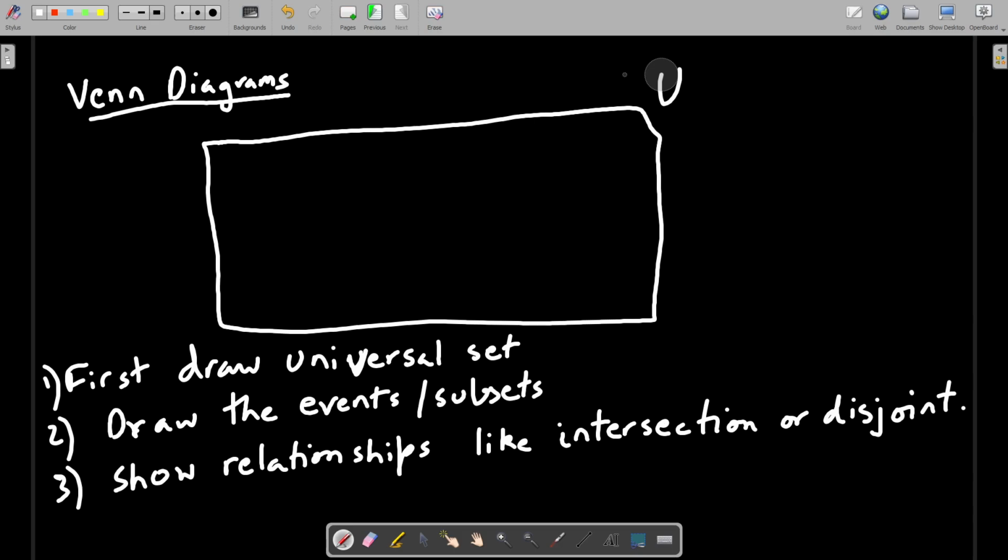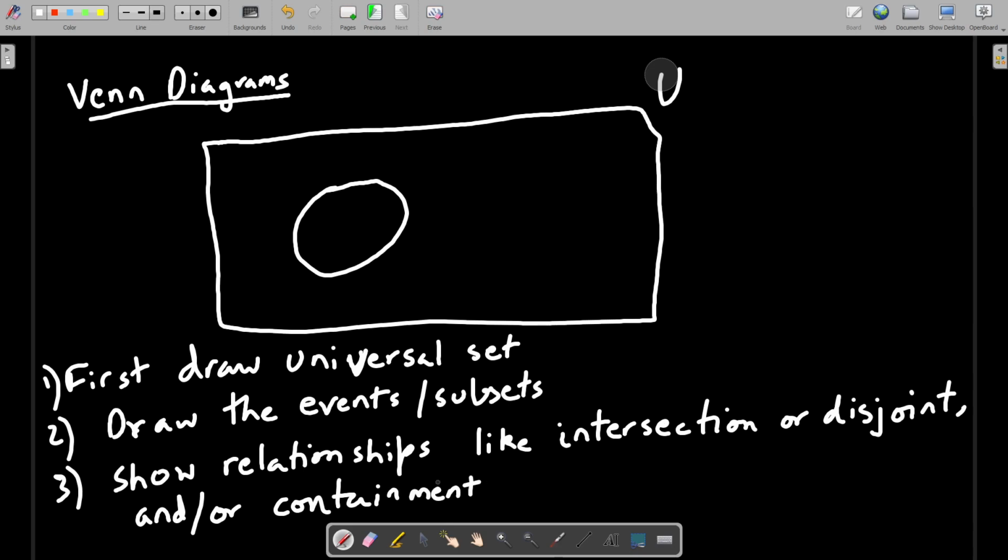Next, you draw the events as subsets inside it. Subset, intersection, disjoint. If one set is contained inside the other, you draw it like this, inside the other.